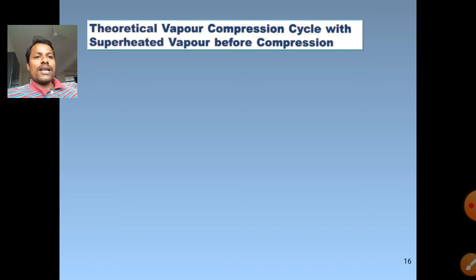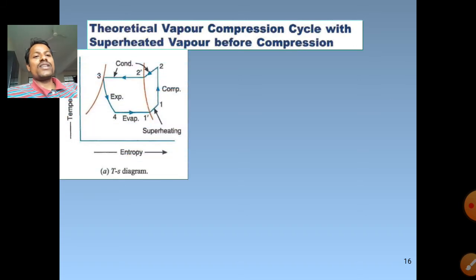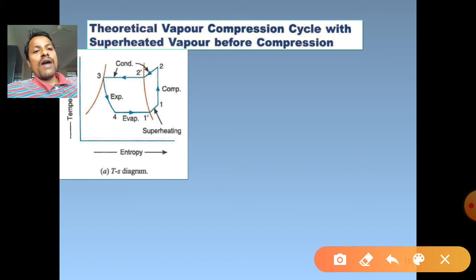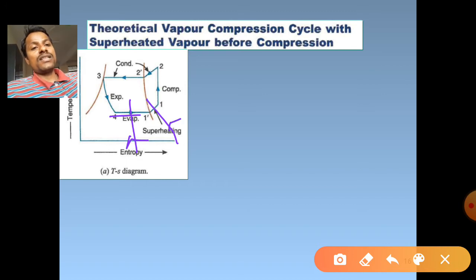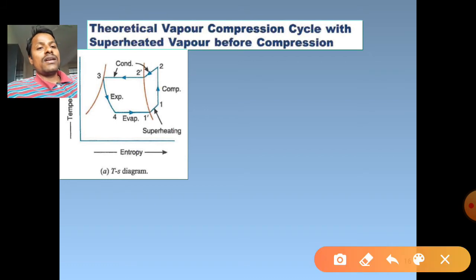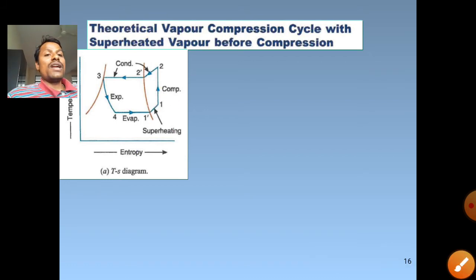Then theoretical cycle, one more variety, that is vapour compression cycle with superheated vapor before compression. Just theory we will discuss. So, here we know after evaporator, heat absorption is in 2 stages, in this, 4 to 1 dash, that is till it becomes dry. Then still heat absorption is happening for the refrigerant from 1 dash to 1, that is at the inlet of the compressor state 1, it is completely superheated vapor.